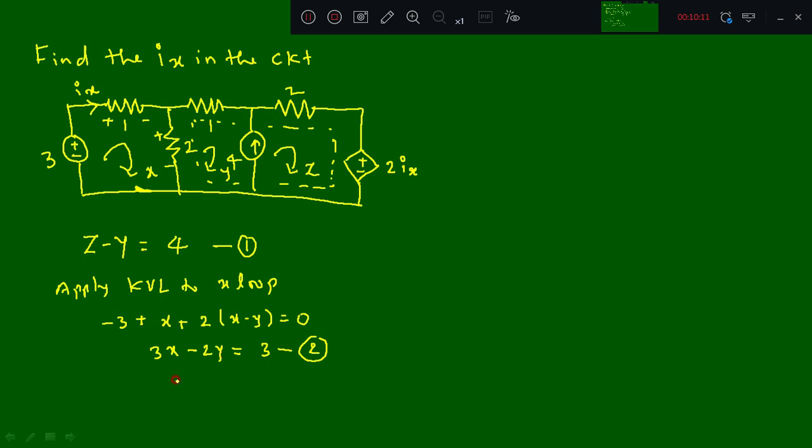Then you have to apply KVL to this complete super mesh. I'll assume the direction as plus, minus, minus, then plus, minus.